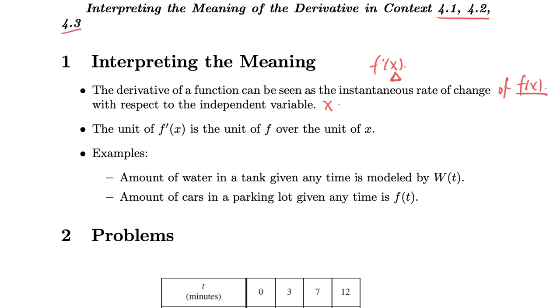Here we have W of t, representing the amount of water in a tank, let's say in liters, and time in units of minutes, let's say. One way we could interpret W prime of t, or the derivative of W, is the instantaneous rate of change of the amount of water in a tank with respect to time.